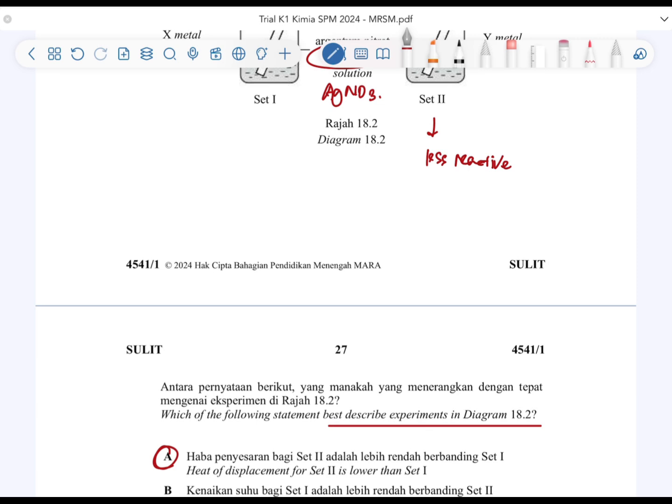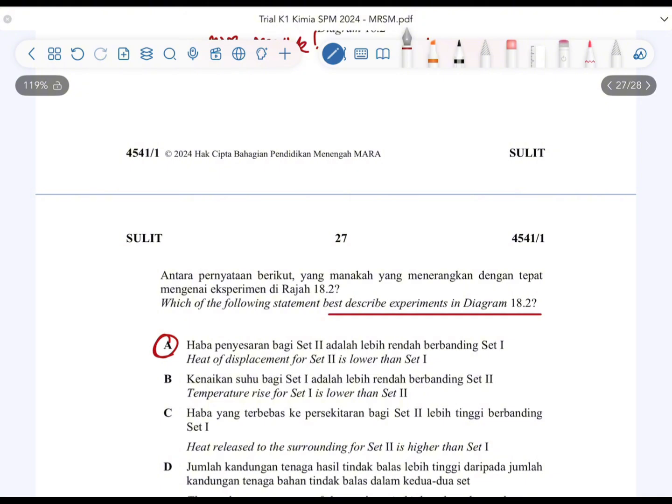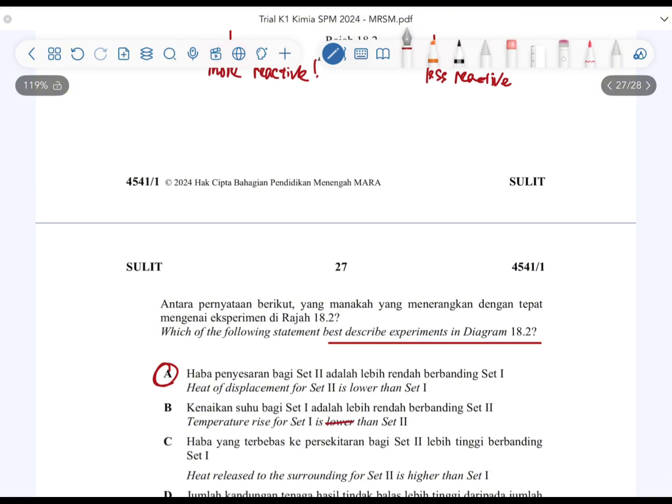Okay, if you want to know what is the metal for set 1 and set 2, which is the X and Y, you can use the calculation that you just got for the anode, and then you go and find the matching metal's standard electrode potential. So B, the temperature for set 1 is lower than set 2. It should not be lower, it should be higher, since the set 1 metal is more reactive, right?